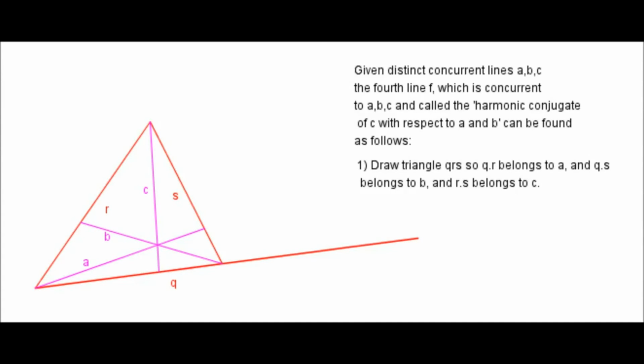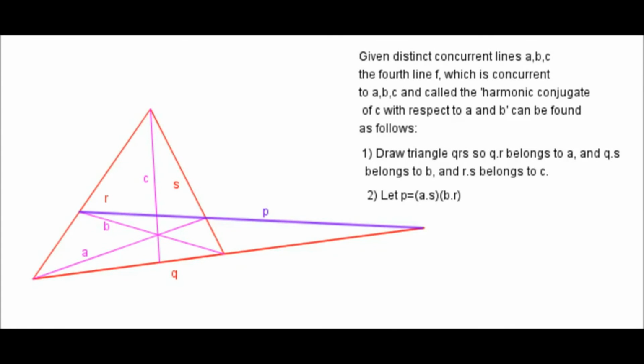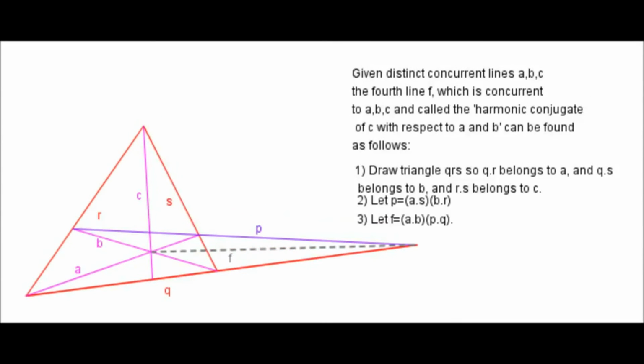Now, if we define P to be the line which joins the place where A and S meet and the place where B and R meet, then we can finish the job by defining our last line F to be the line between where A and B meet and where P and Q meet.